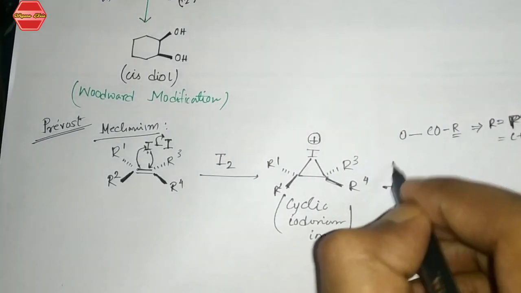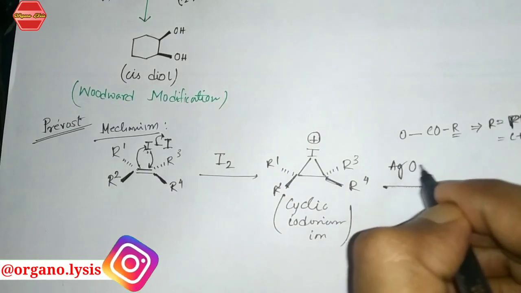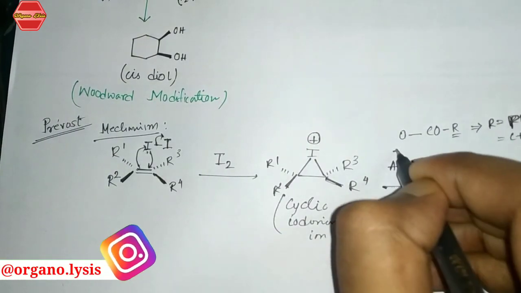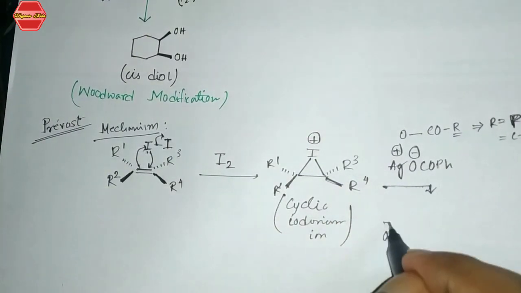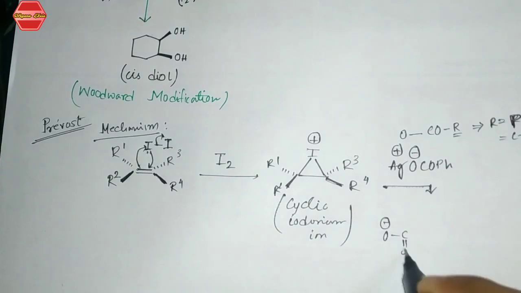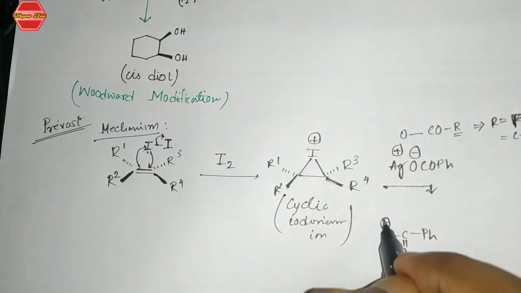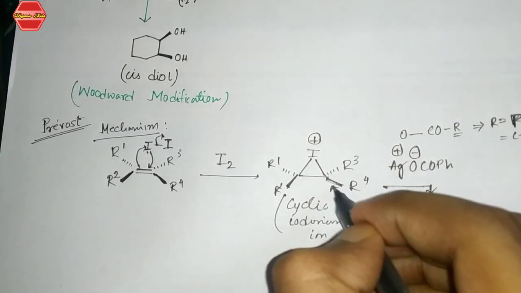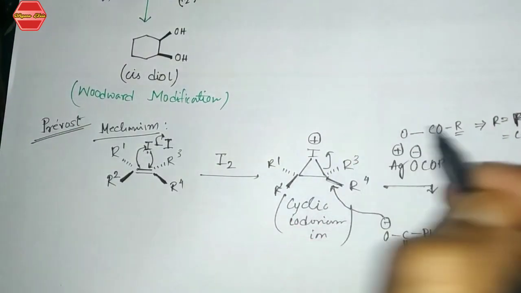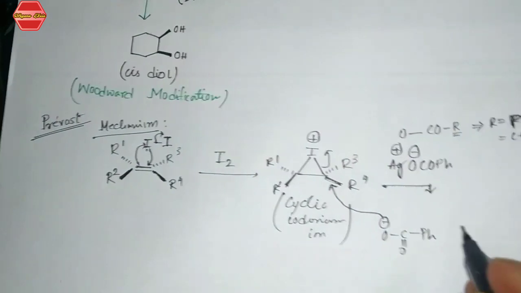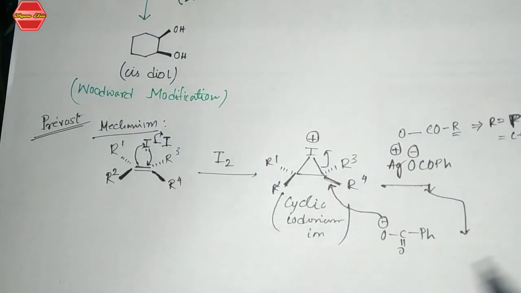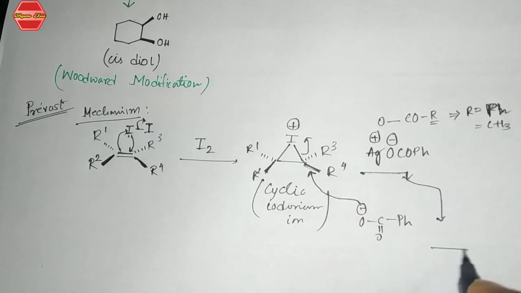That is the reagent, OCOPh. So this is positive, this is negative, so this will act as a nucleophile, COPh. Now this generally attacks this carbon center, and the cyclic iodonium ion will open up its ring. Then we get the product, this one.